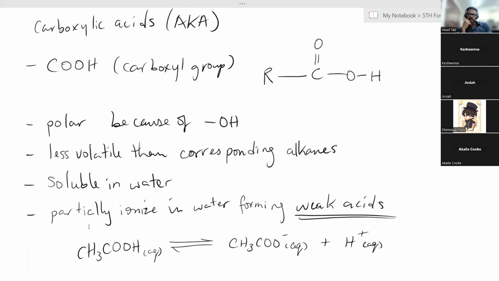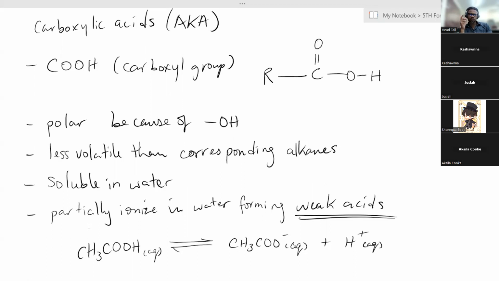Metals. Right, and not just any metals. What type of metals? Reactive metals. And you are correct as well, they do react with metal oxides. They react with metal oxides and what else? Metal hydroxides.